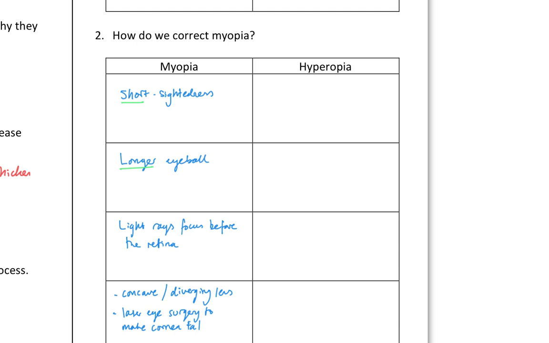If it's flatter, it'll bend the light less, or refract the light less, and therefore that's what we need with a longer eyeball.